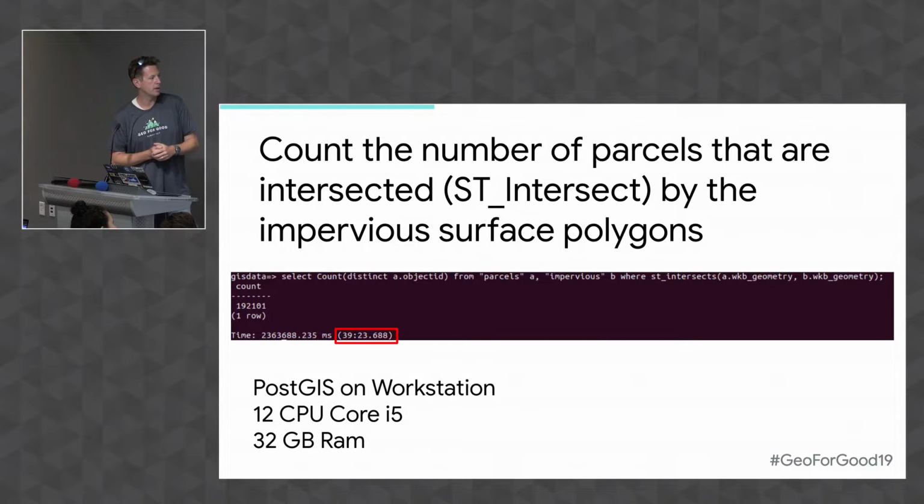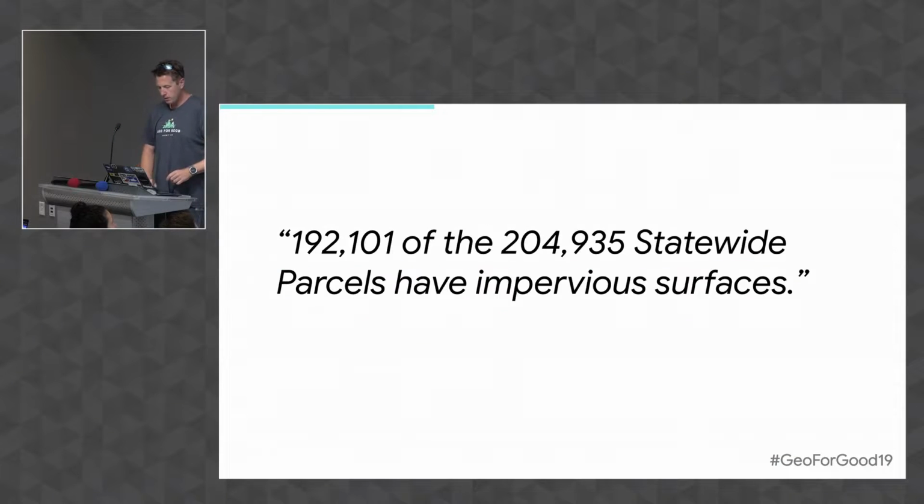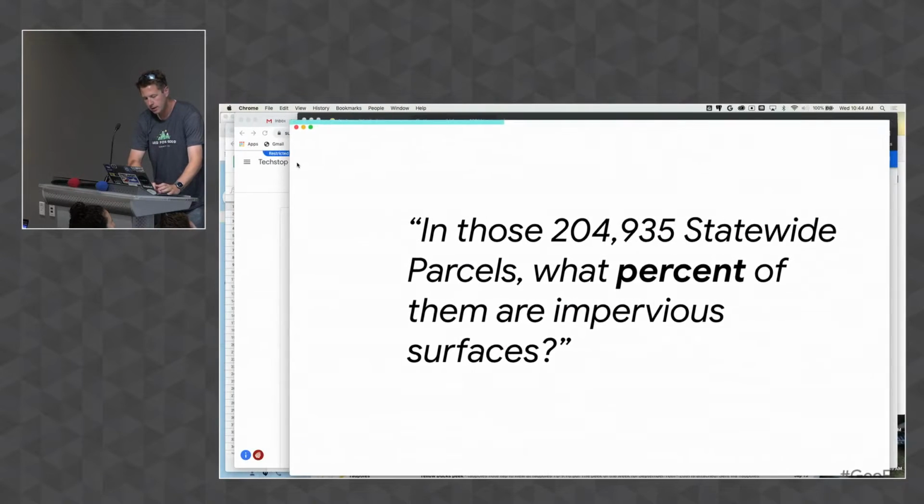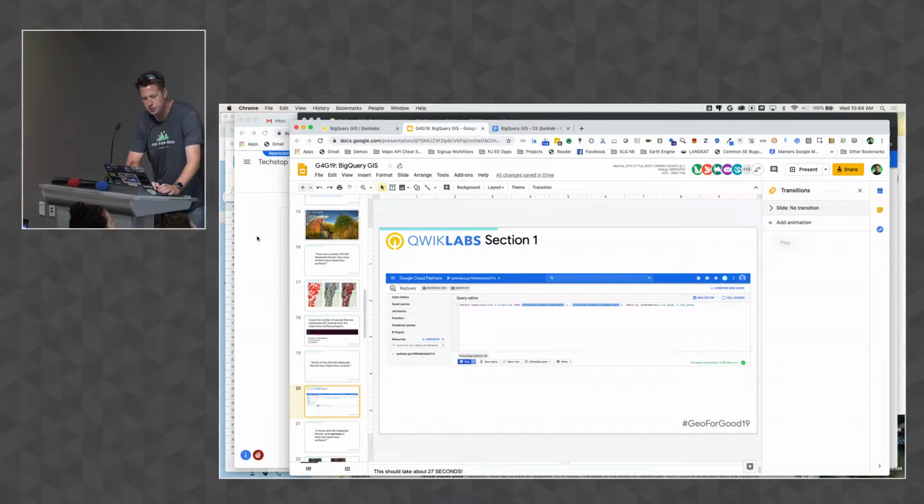So it's 12 core, 12 CPU Core i5, 32 gigabytes of RAM, and I had to build a spatial index to do this, and it took me 39 minutes to run that query. Okay, so now I got the answer. 192,000 of the parcels have impervious surfaces, but it took me a really long time to do that. So what we're going to do is see what writing that query looks like in BigQuery GIS.